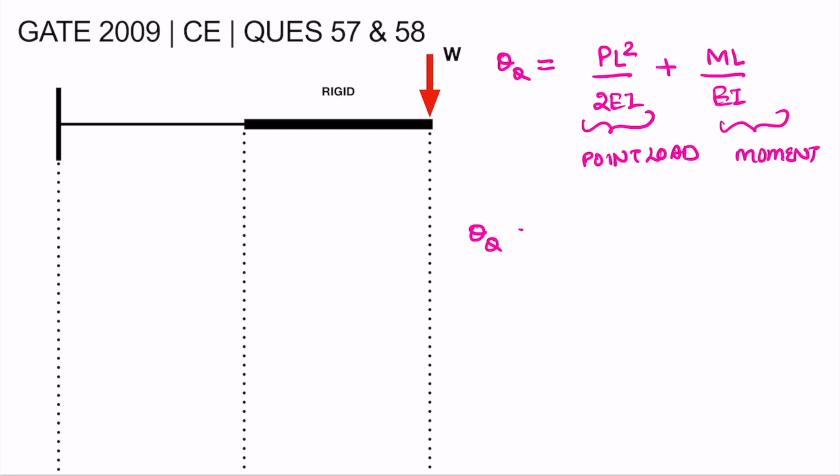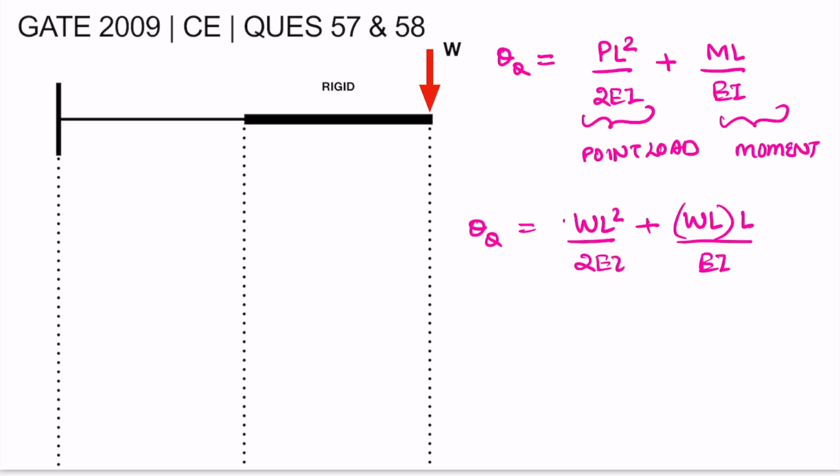Theta Q will be, here the P is W, WL square by 2EI plus value of moment is WL into L by EI. Therefore, theta Q will be 3WL square by 2EI.